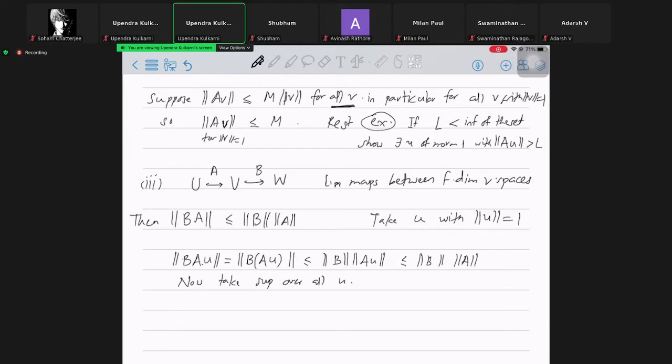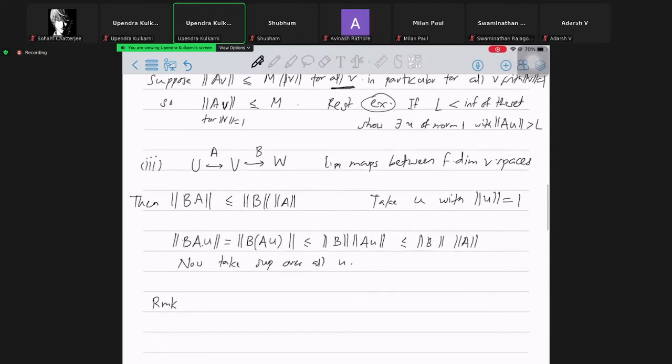By the way, so a remark maybe. Remark. So you see the map that takes A comma B to BA. This is a map from where to where?